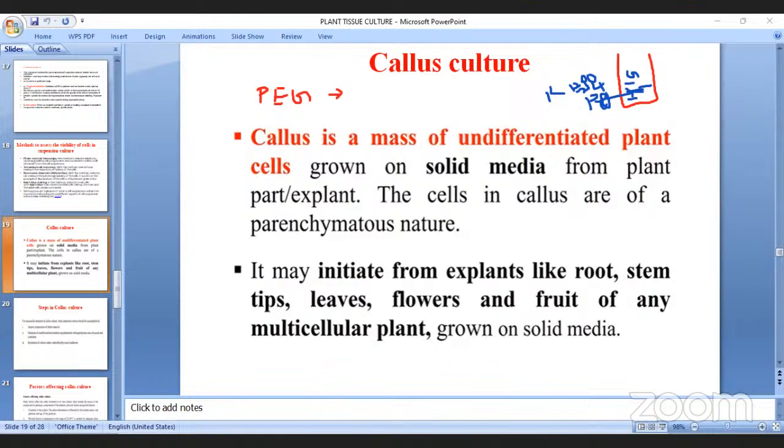Next KH2PO4 and also CaCl2. These chemicals are all added in this tube.